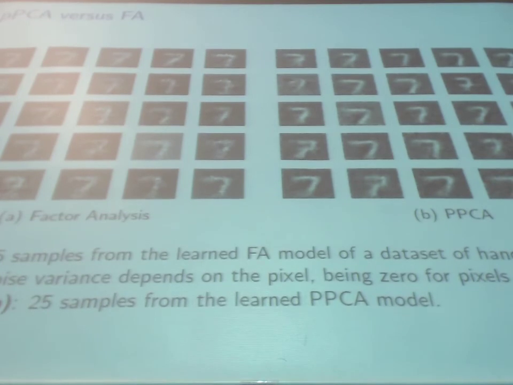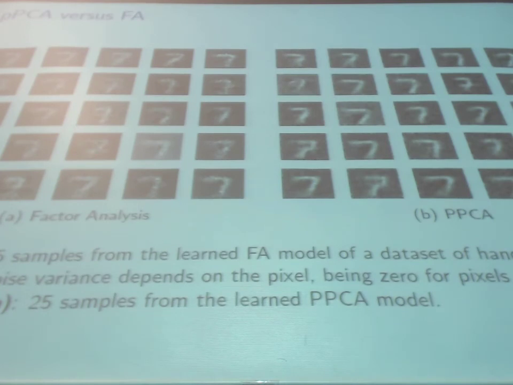And then once I've learned that model, I can try to do a reconstruction of data. When I've learned psi and f and c, I can generate some data from this factor analysis model.